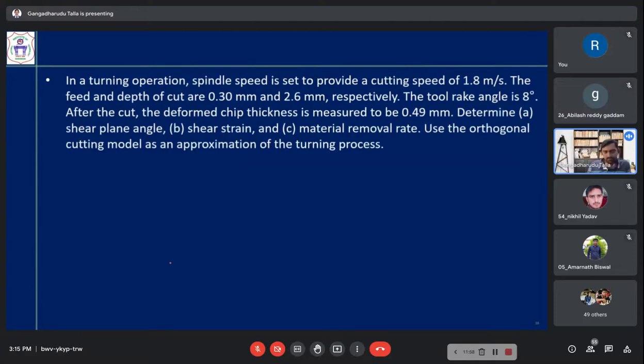Now let us see this. In a turning operation, spindle speed is set to provide a cutting speed of 1.8 meter per second. So what is that 1.8 meter per second? Sir, V, cutting speed. Yes.